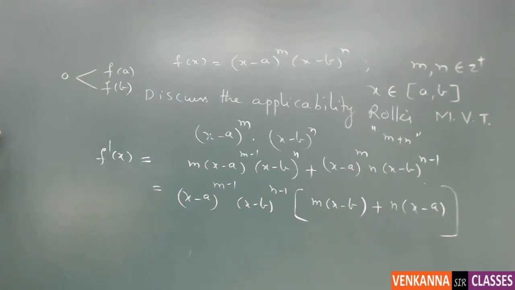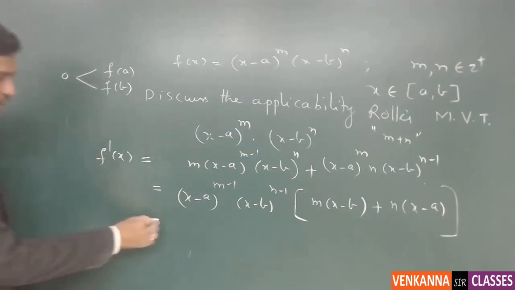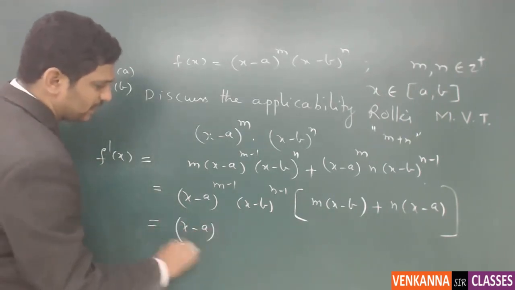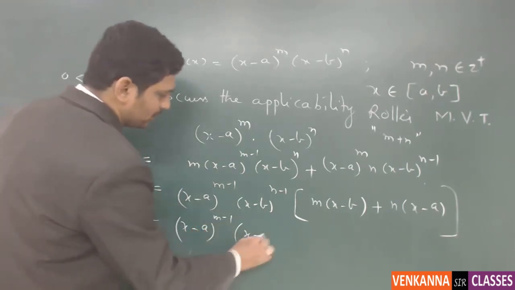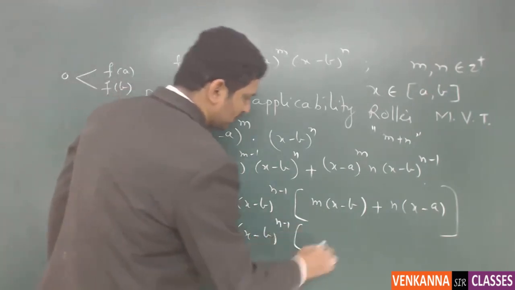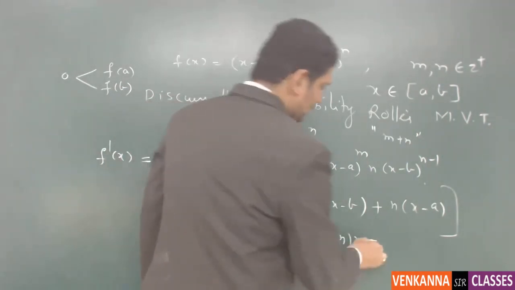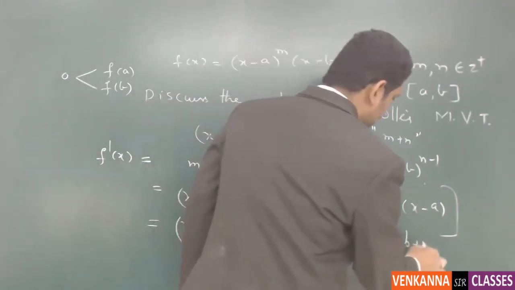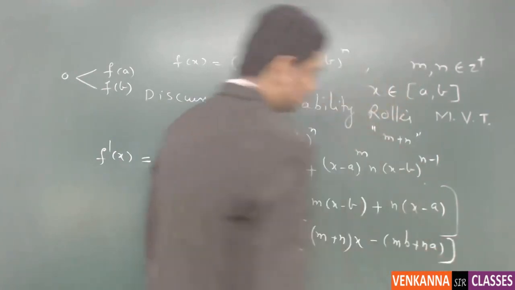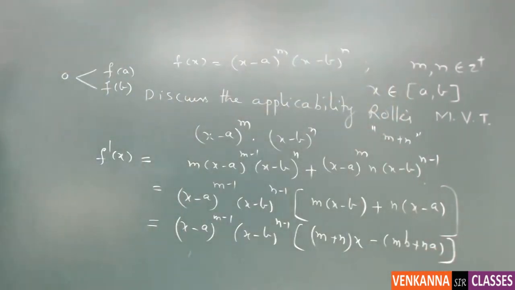I have applied the product rule. So this will be equals to x minus a whole power m minus 1 into x minus b whole power n minus 1 into m plus n into x minus of mb plus na. Now this is the derivative value.